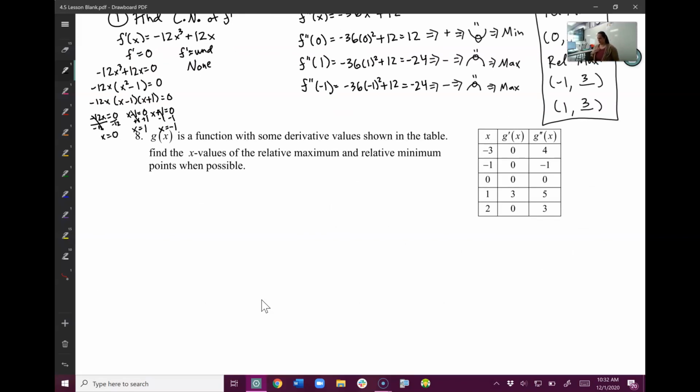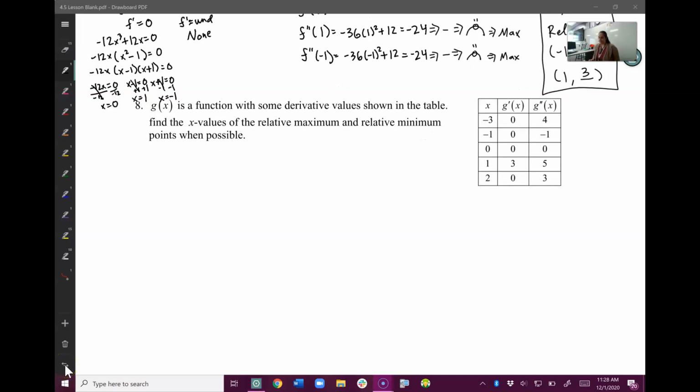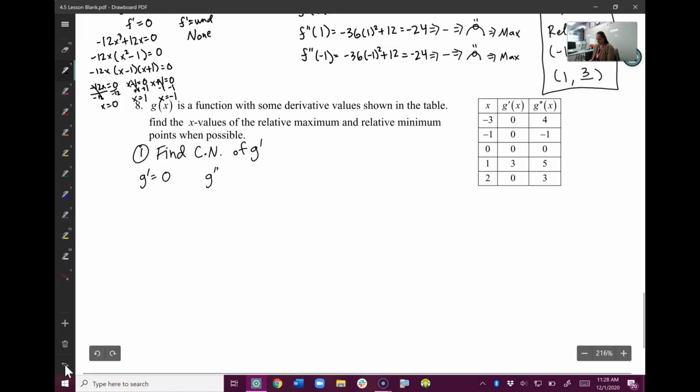Let's really quickly do number 8, and then we will be all done. In this last question, we know that g of x is a function, and we have this table below. So let's go through our steps. Step 1, I need to find my critical numbers of g prime. This is where g prime is 0 or undefined.